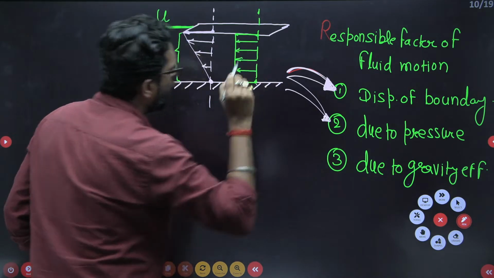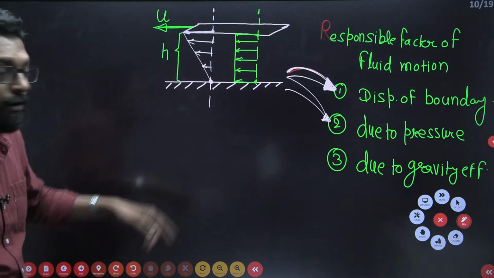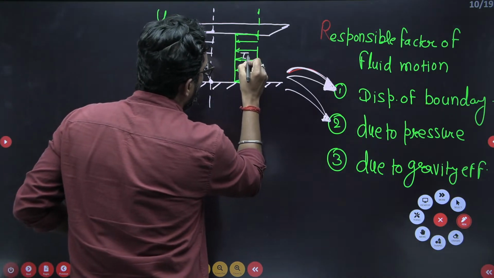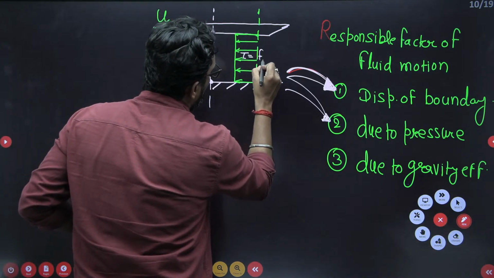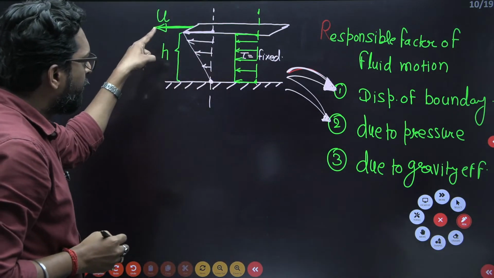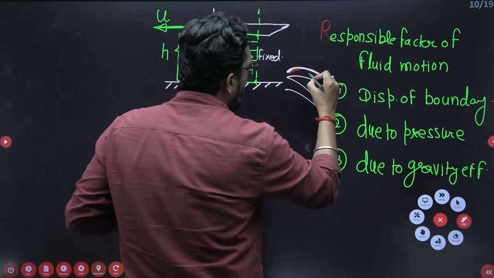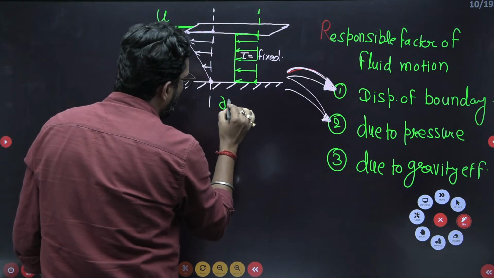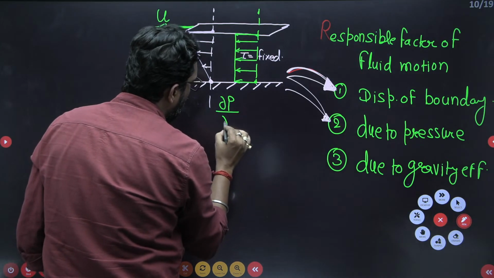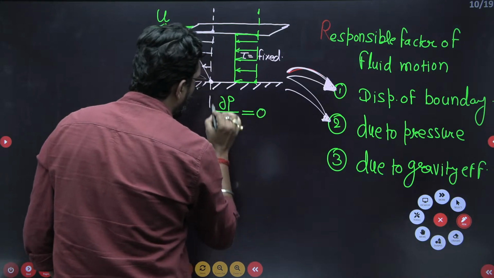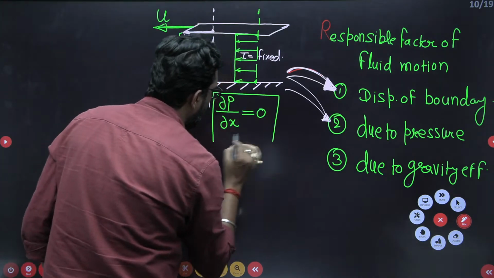Tau is constant here, shear stress is fixed, and the fluid is flowing only due to the displacement of the boundary. Here the pressure gradient, that is, dou P divided by dou X, if this is your X direction, is equal to 0. There is no pressure variation in the X direction.